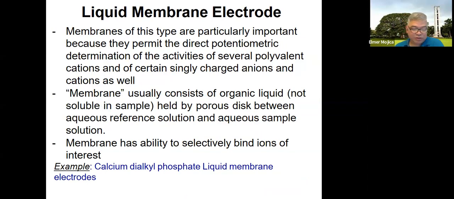Usually, this liquid membrane consists of an organic liquid that is not soluble in the sample, held by a porous disc between the aqueous reference electrode and the aqueous sample solution.